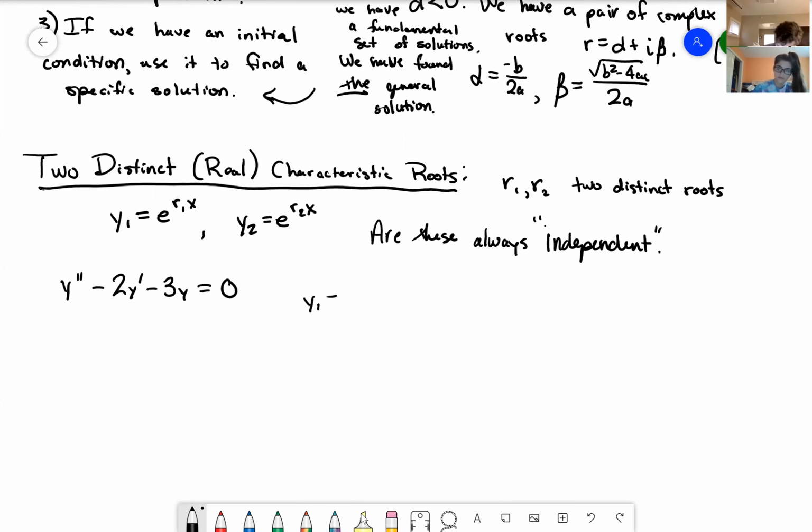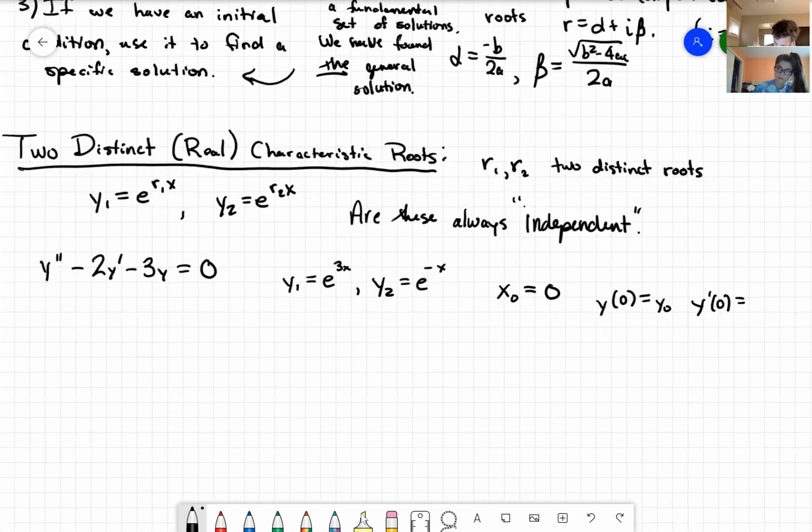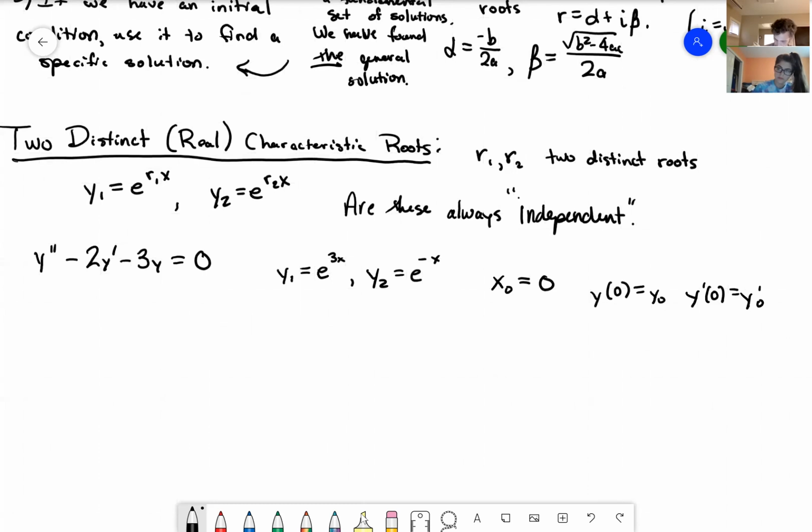And we had solutions y1 equals e to the 3x, y2 equals e to the minus x. And we had x0 equal to 0. So we had y of 0 is equal to something. Don't remember exactly what. And y prime of 0 was equal to something that we call just y prime 0. So we use these to get a specific solution.